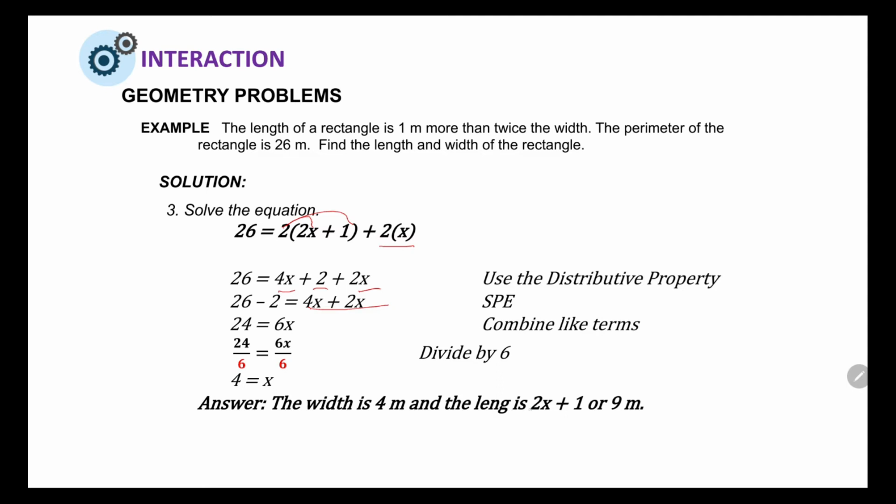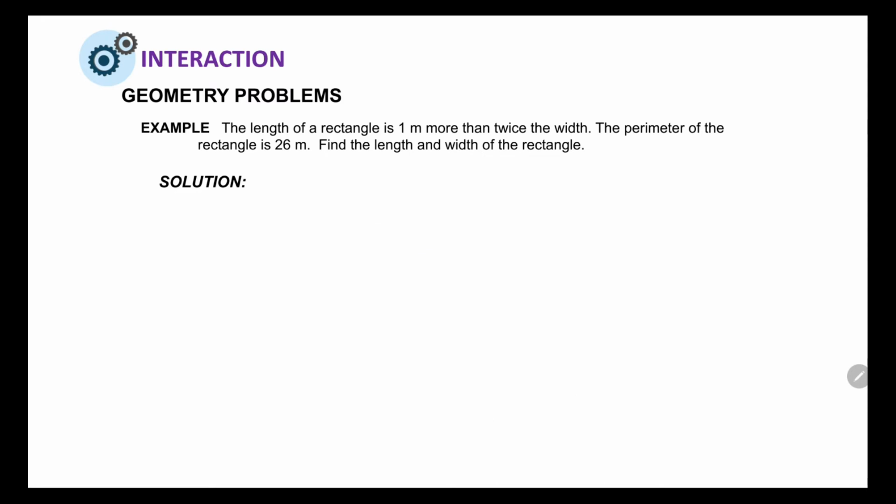Substituting 4 into 2x plus 1, 2 times 4 plus 1 is 9. So the length is 9 meters. And step 4: substitute the value of x in the working equation. We have 26 equal to 2 times (2 times 4 plus 1) plus 2 times 4.